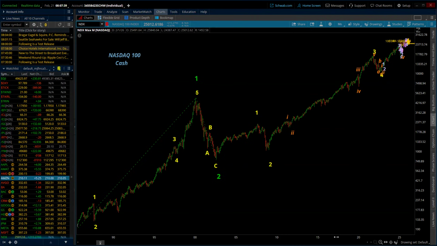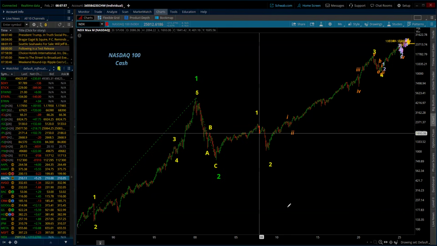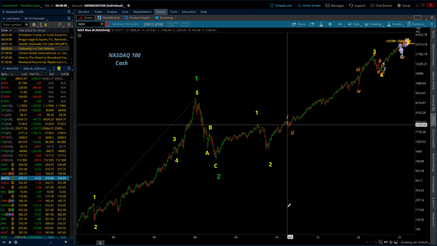So I'm going to start here again on the cash market, from the maximum amount of data that I have, realizing, number one, that the NASDAQ 100 began as an index in 1985. So we have much less time than the S&P 500 or the Dow Jones.